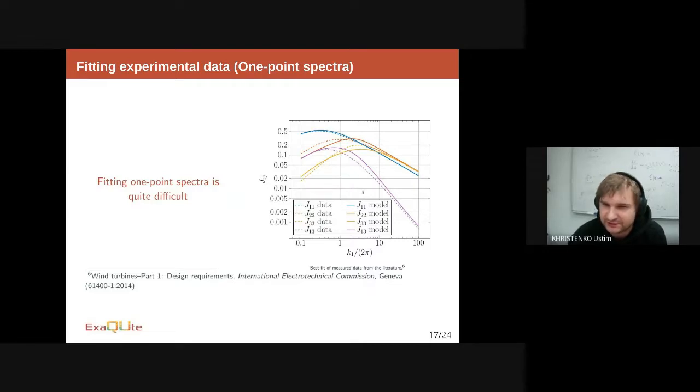The data is the dashed lines, and the model is represented by the solid lines. We see that it approximates the data, but there is still a big misfit between the two.